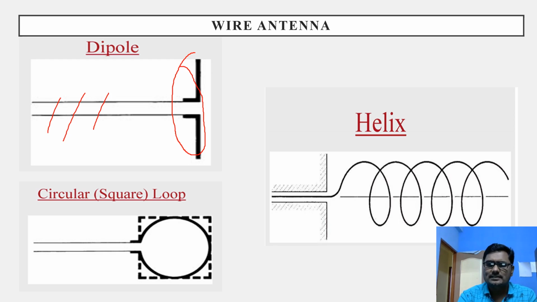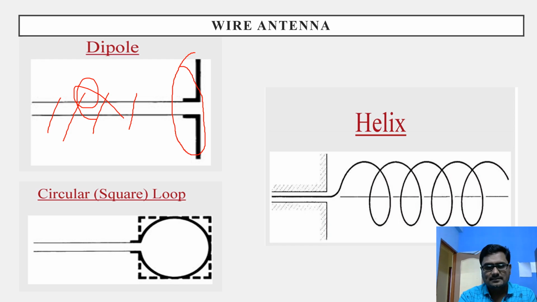It can be a coaxial line or simply a connector. What is the role of transmission line? To carry the signal and feed to the antenna. If this is the antenna, then a feed line or transmission line has a job to feed the input signal to the antenna. So this is a feed for the dipole, and this is the actual dipole.